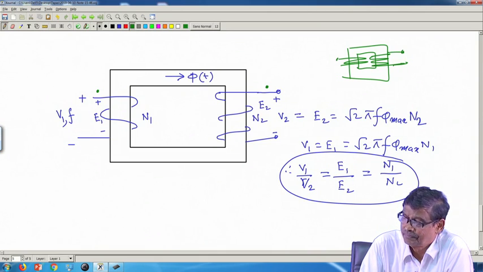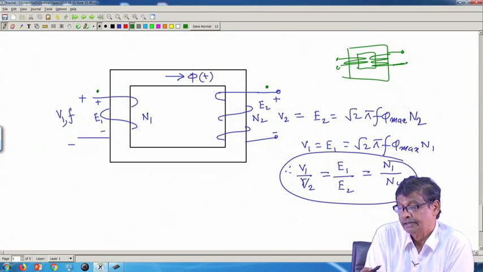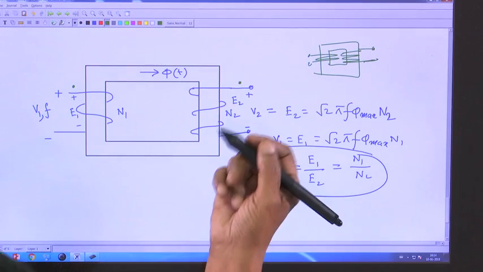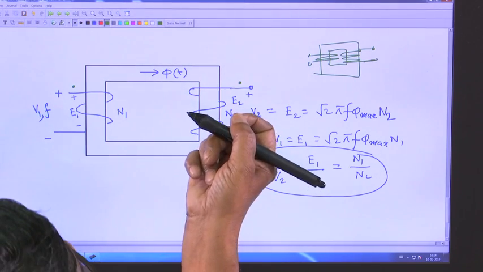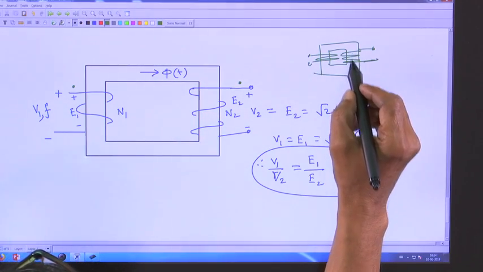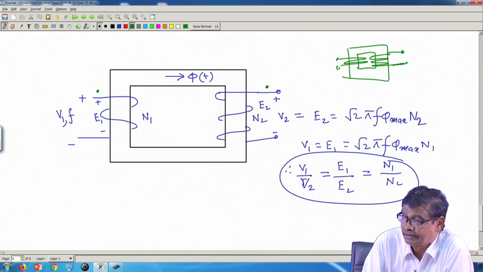It is far better than this. What I mean to say is that I have drawn these coils so that you know the sense of the winding. You take the coil this way, then turn it like that. But from this sketch, you cannot figure out how the coils went.